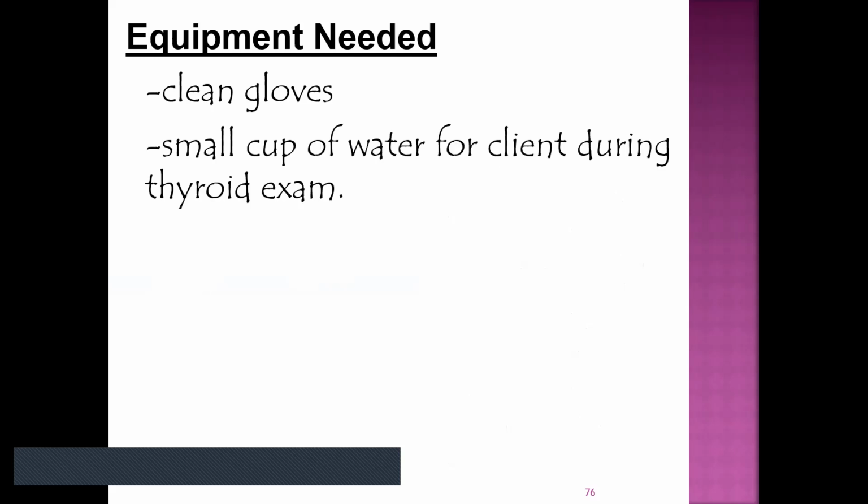So, in the assessment of the head and neck, what equipment do we need? So, we may be needing what? Clean gloves for infection control, a small cup of water for clients during a thyroid exam. This is very important because our clients or patients might require water during an examination, not feeling comfortable themselves, or maybe they're not feeling well themselves.